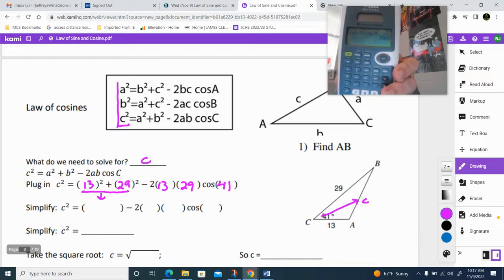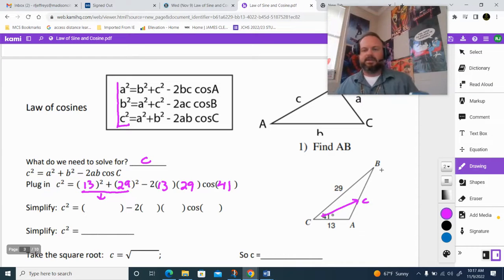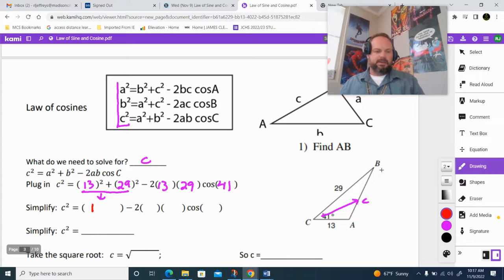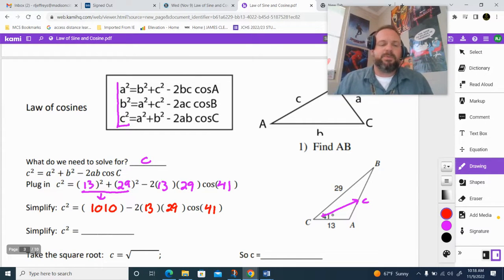All right, we get 1010, 1010. Okay, so I'm actually going to write 1010 right here. Okay, now this other part, some people will sit here and do all this at once.